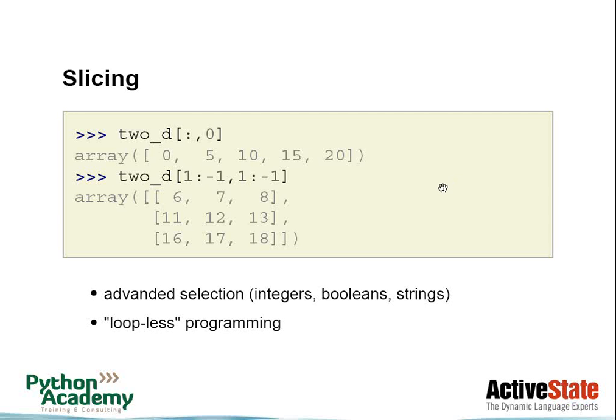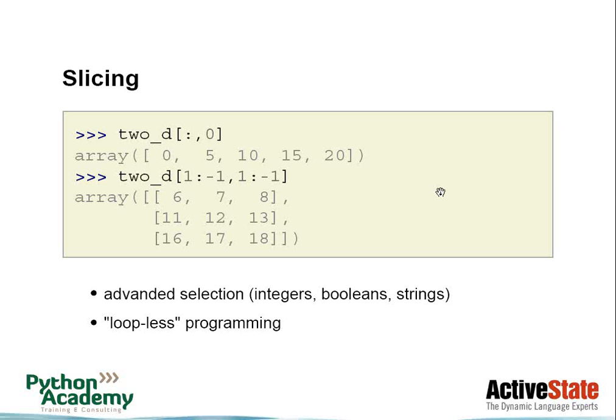So this is one way of slicing, and you can get pretty fancy. This is what's called simple slicing. And there's something called advanced selection, which lets you do even fancier things. We don't have time to go into that, but you can do a lot of slicing. And the main thing is you don't need to write loops anymore. For a lot of problems, you don't need to write loops. And if you don't write loops, you don't actually work in Python. You push everything to NumPy, and all this code is executed in C, which is much faster.